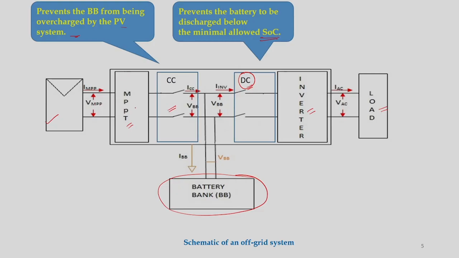Not always are these MPPTs installed in the entire system, so sometimes it is given as dotted lines, but I have given a solid line because it is presumed that MPPT is interconnected. So, this MPPT and this charge controller are attached together, and here the discharge controller and this inverter are attached together.